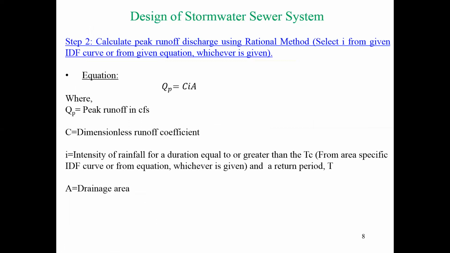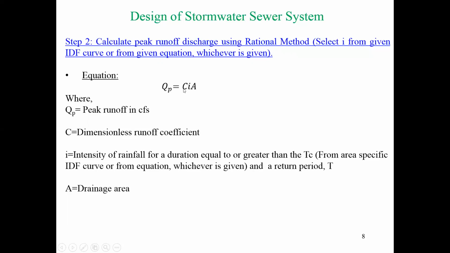Now step 2, calculate peak runoff discharge using the rational method. It can be any other method also, but obviously the total area, if you look at that, is below 15 acres. So we can use the rational method, and that is widely used. So for the rational method, the equation was Q equals CIA.